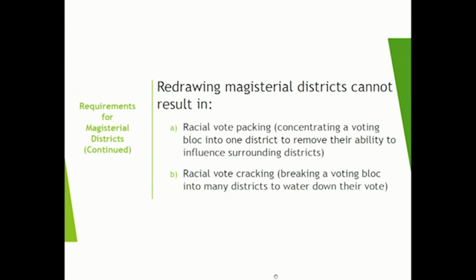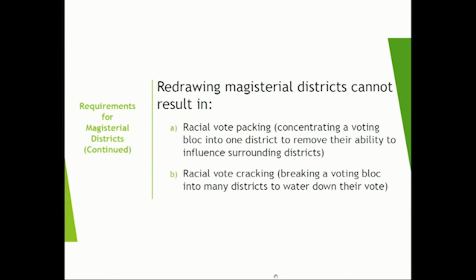In redrawing districting, there are 2 racial issues that compete with each other. I say that one is a state concept, one is a federal concept, but they are in competition with each other, and that's the notion of packing and cracking by race. If you concentrate a racial minority or majority in a certain district in order to remove the ability to influence voting in surrounding districts, that's known as packing.